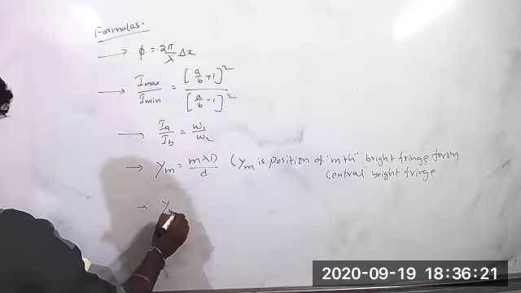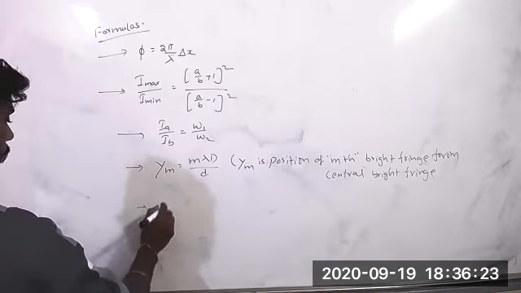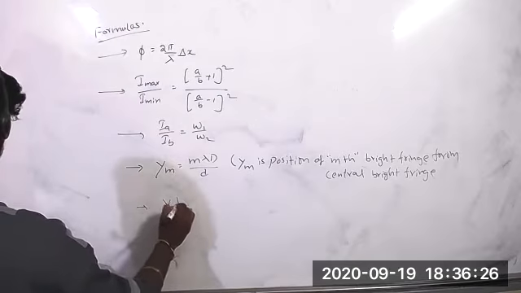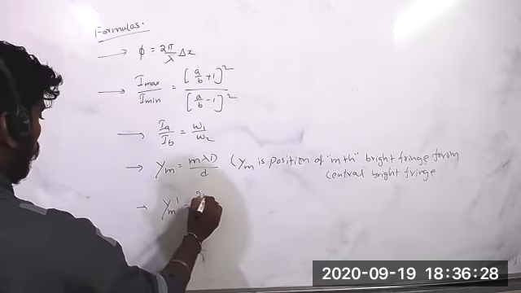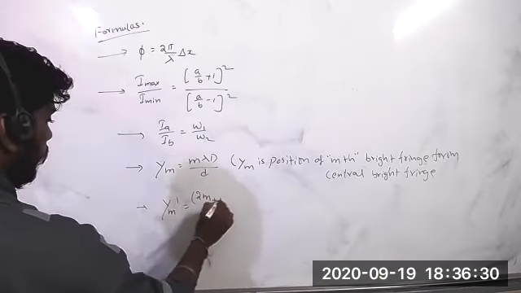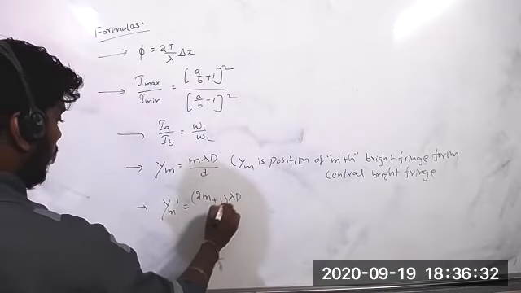Ym dash is nothing but (2m plus 1) lambda D by 2d.